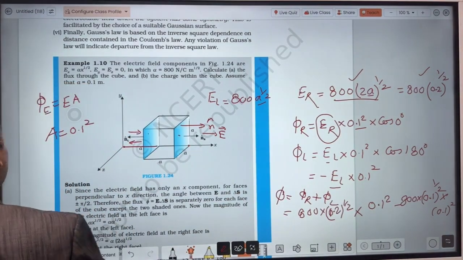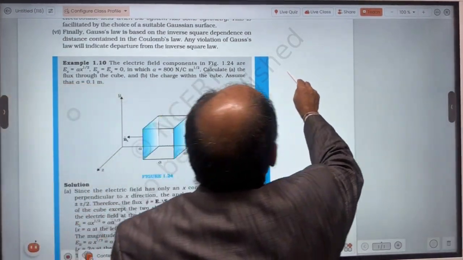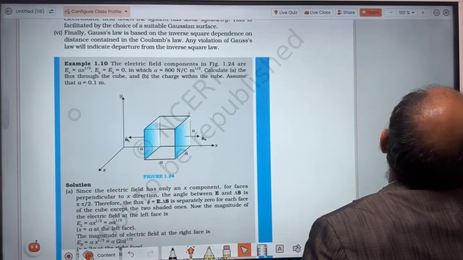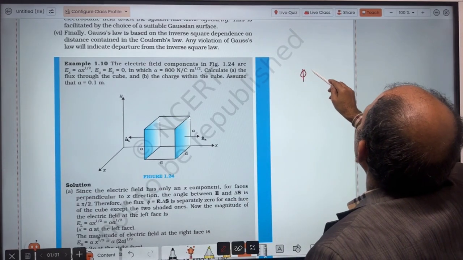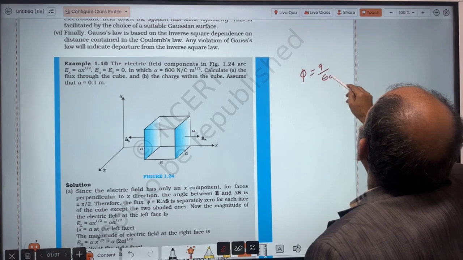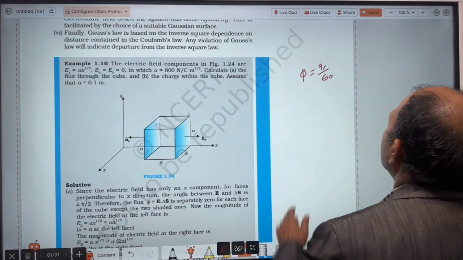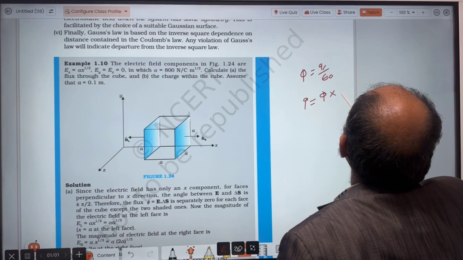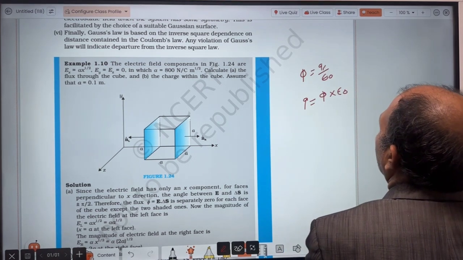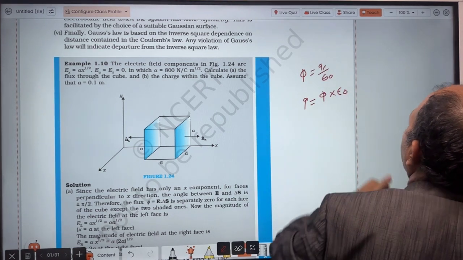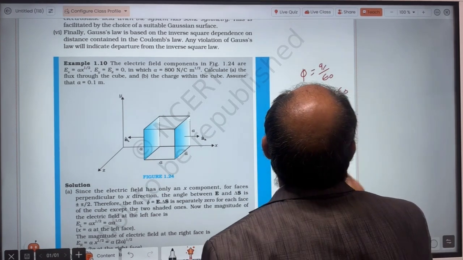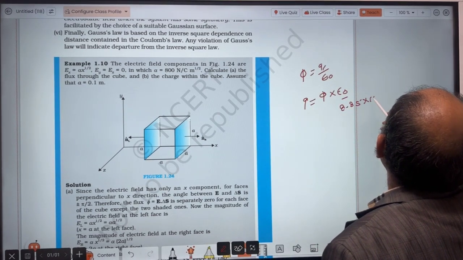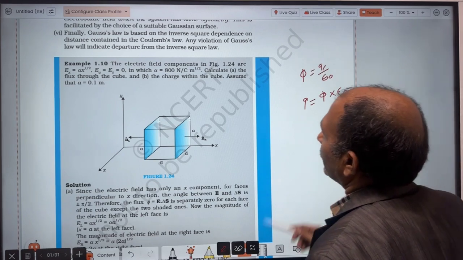And you know that from Gauss theorem we can say that phi equal to Q upon epsilon naught. Our concern is to get charge, so Q will be equal to phi times epsilon naught. We have got the value of phi, and we can multiply it to 8.85 into 10 to the power minus 12, and we can get the value of charge.